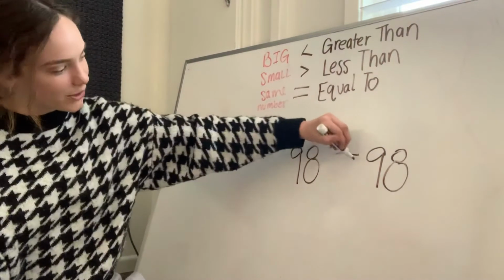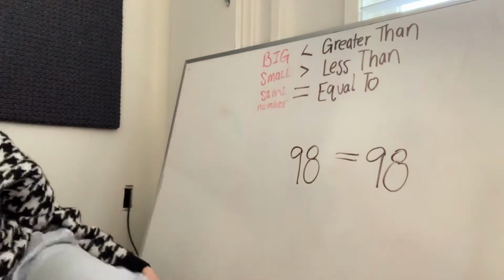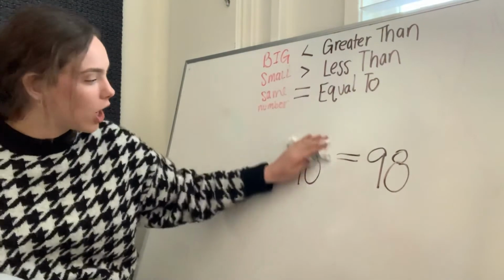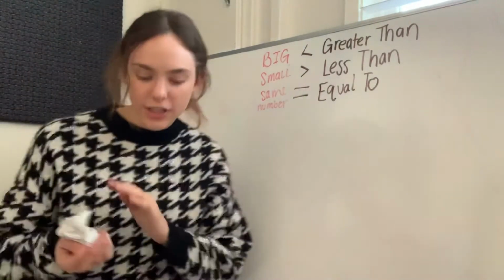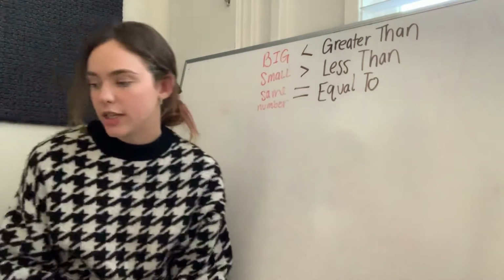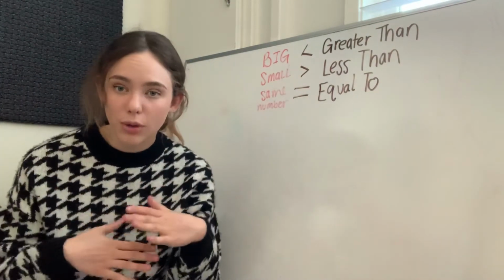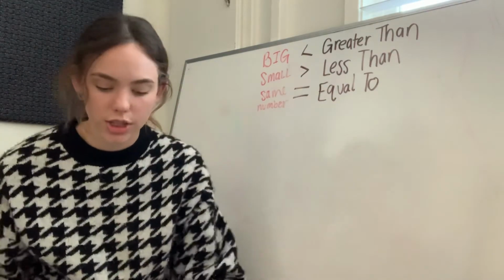You put an equal sign. I'm surprised you knew that one because we didn't do an example problem like that. But yes, 98 is the same as 98, so these two numbers are equal. You did a fantastic job with that. So you learned how to use greater than, less than, and equal to symbols to compare two two-digit numbers like we've been doing.